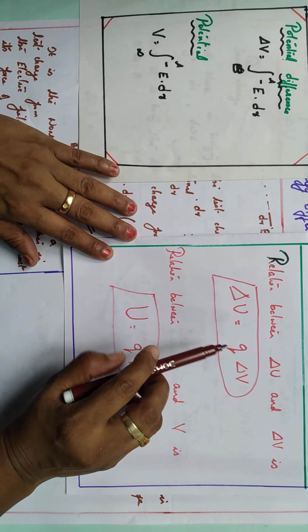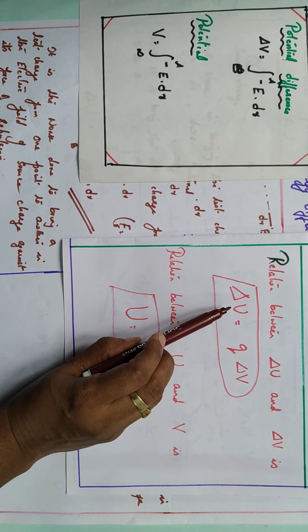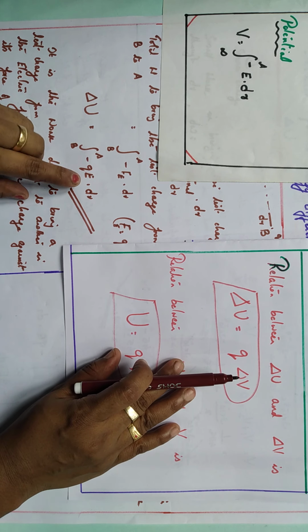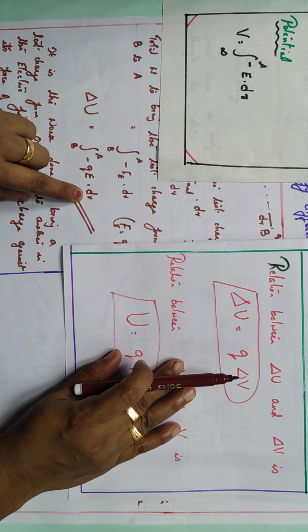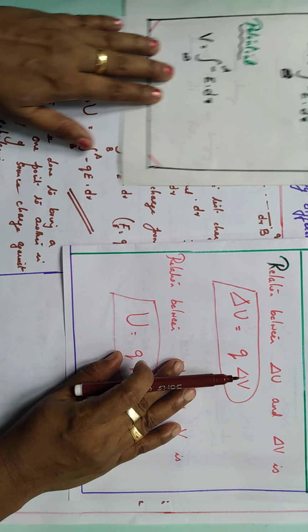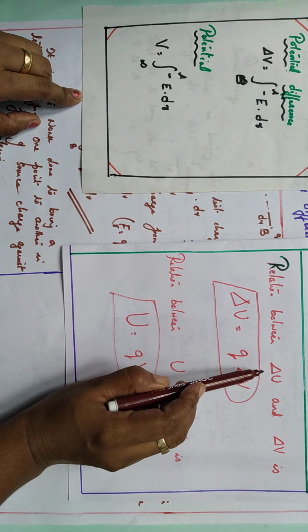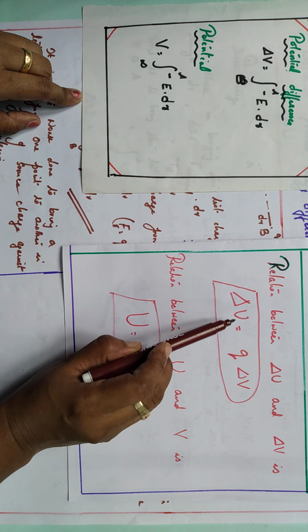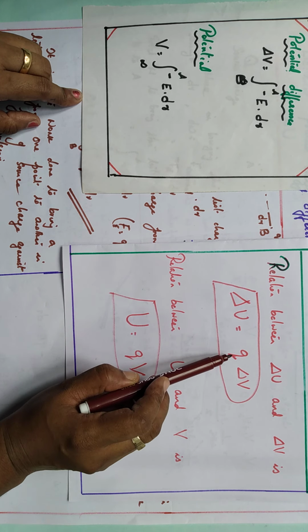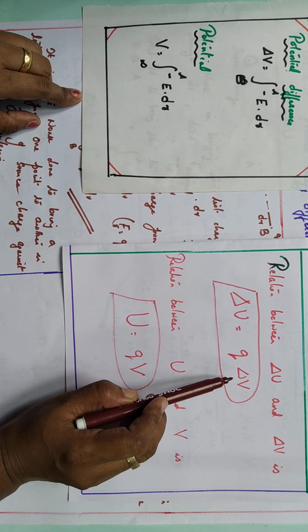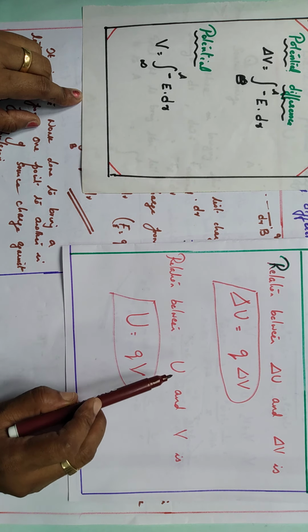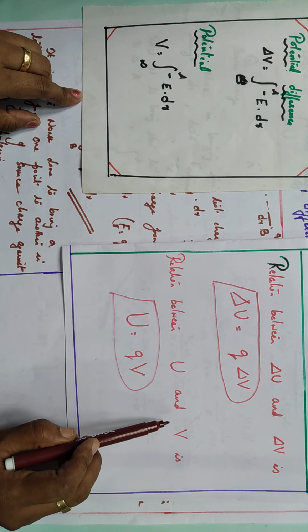Right. Now we can write the relation between potential energy and potential. The only change is that in potential energy difference it is minus QE dot dr, but potential difference is minus E dot dr. So what is the relation between potential energy difference and potential difference? That is delta U equals Q into delta V. Similarly, what is the relation between potential energy and potential?